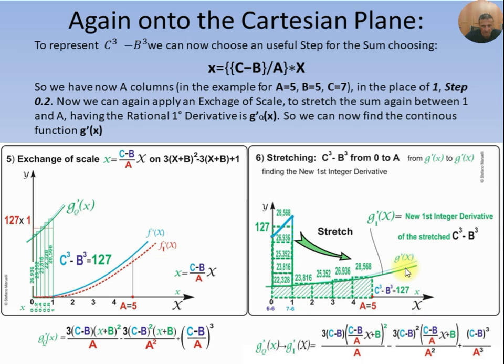Below this is the rational integer new derivative, and we will see, going to the limit, making the limit of this sum, we can add a new continuous function, the new first derivative for c cube minus b cube, xi prime g prime of x.